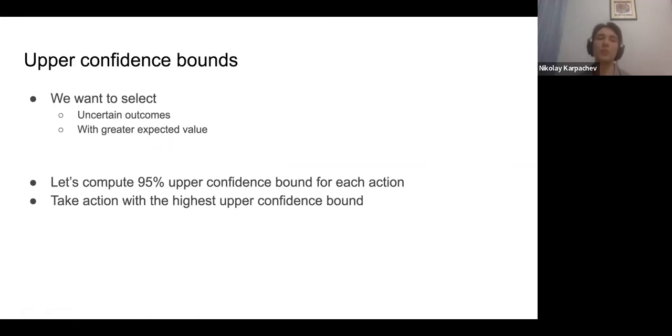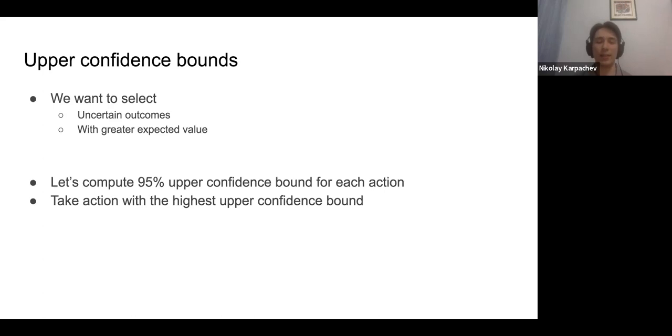Let's compute the upper confidence bound for each action. In probability, there is this method of estimating things, which is called confidence intervals. So we can select a confidence interval for each possible action.